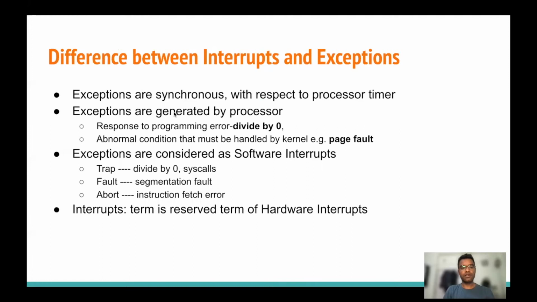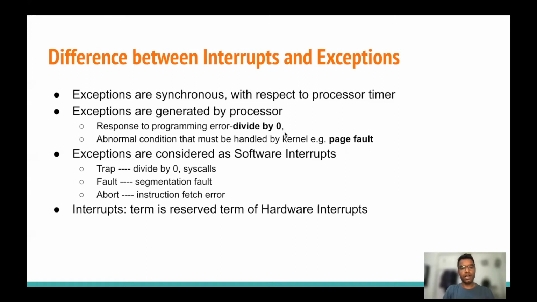Let's discuss the difference between exceptions and interrupts. Exceptions are called software interrupts, and they are synchronous to the processor clock. You may have seen some errors like divide by zero error.